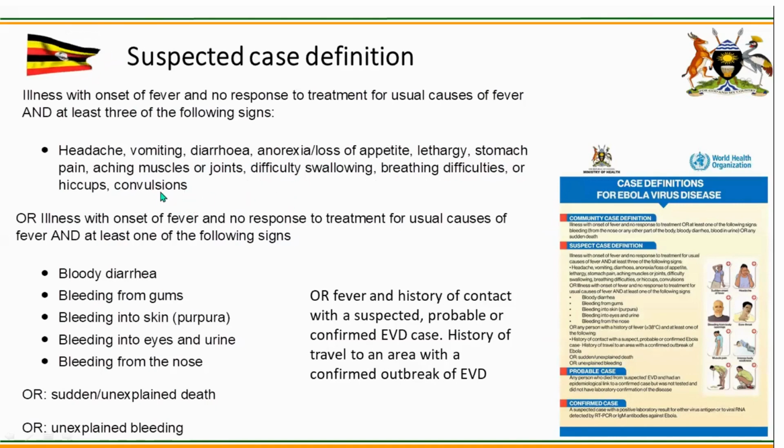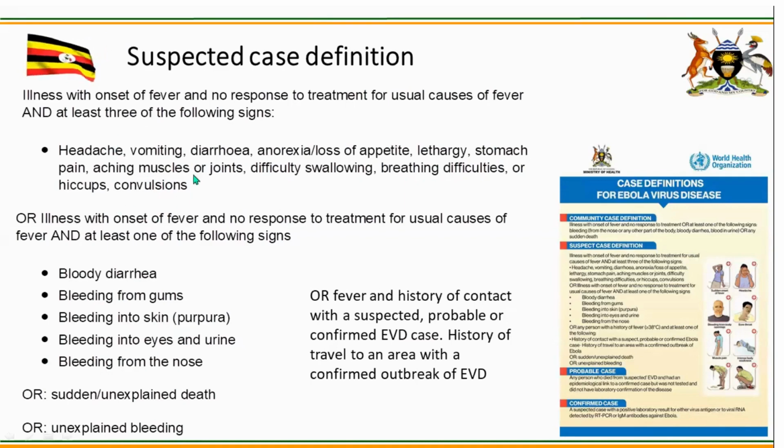Again, these words can be presented to you by the patient in a different way. So you need to know the different ways people call some of these symptoms, so that you can say, okay, this is actually muscle ache that the person means, for example.